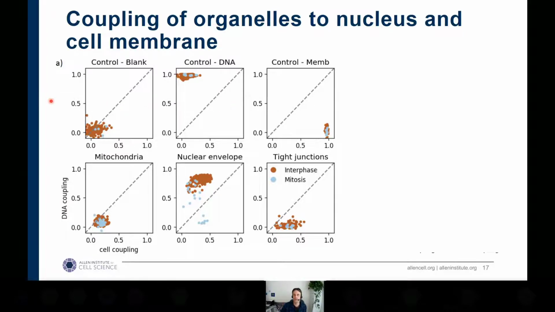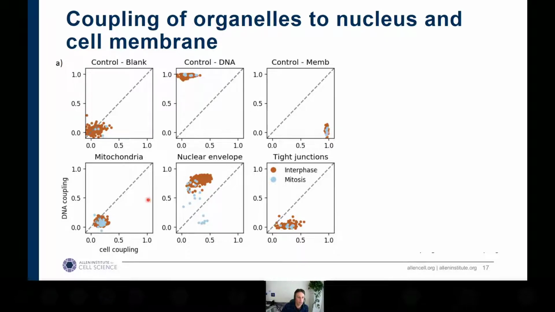What we did, instead of using actual GFP of organelles, we put in a blank channel, or we copied the actual DNA channel or the membrane channel. With a blank channel, we see that neither the cell nor the DNA show a very high coupling. When we have the DNA channel there, we see, of course, that there's a very high coupling to DNA or the nucleus, and vice versa with the membrane.